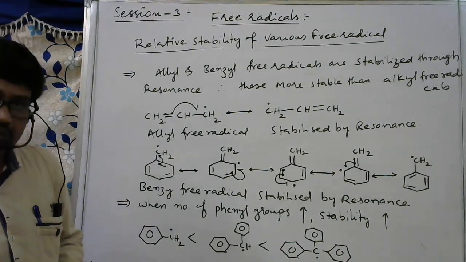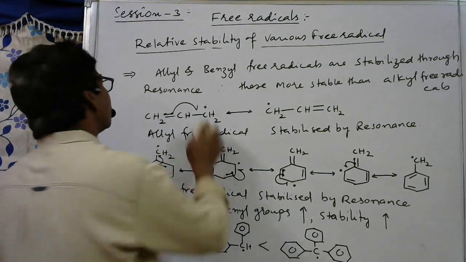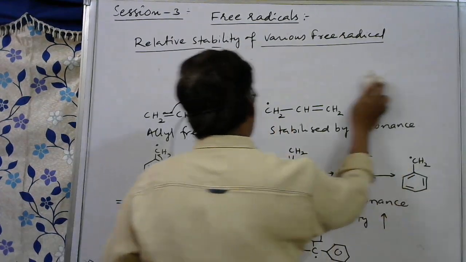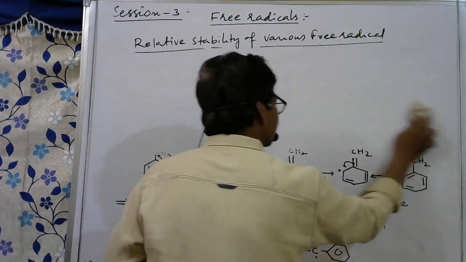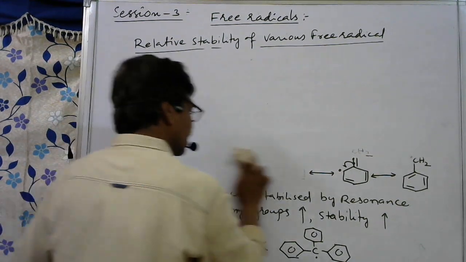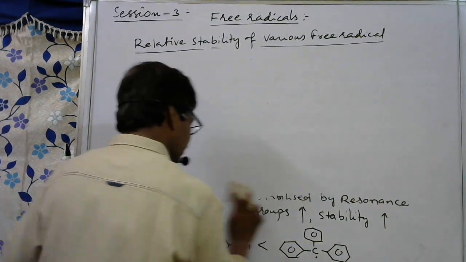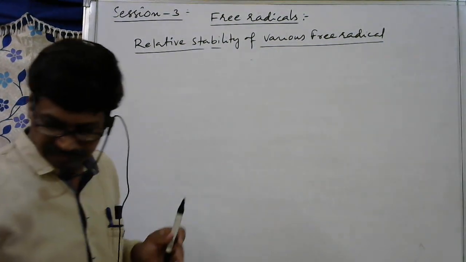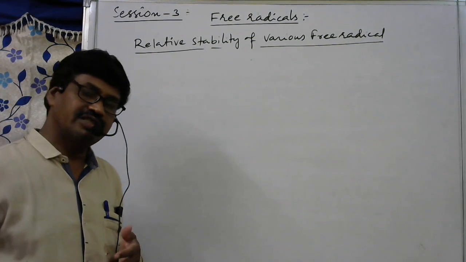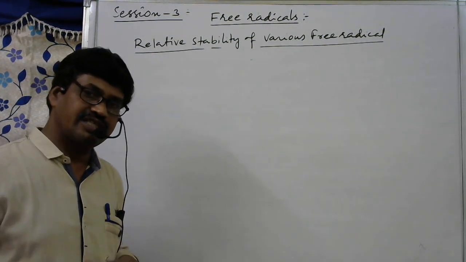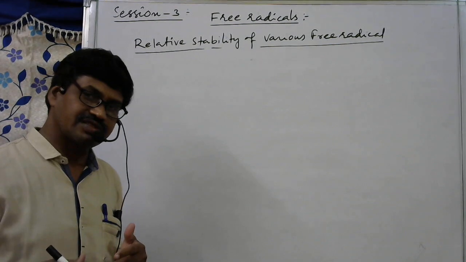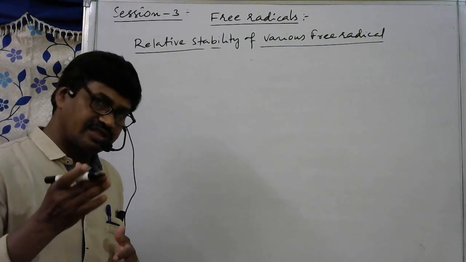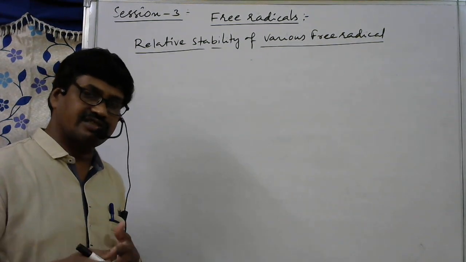Then again, the effect of electron releasing groups and also electron withdrawing groups on the stability of benzyl free radical. If electron releasing groups are present, what happens? If electron withdrawing groups are present, what happens? Electron withdrawing groups accept electrons towards themselves, so that the electron deficiency still increases.